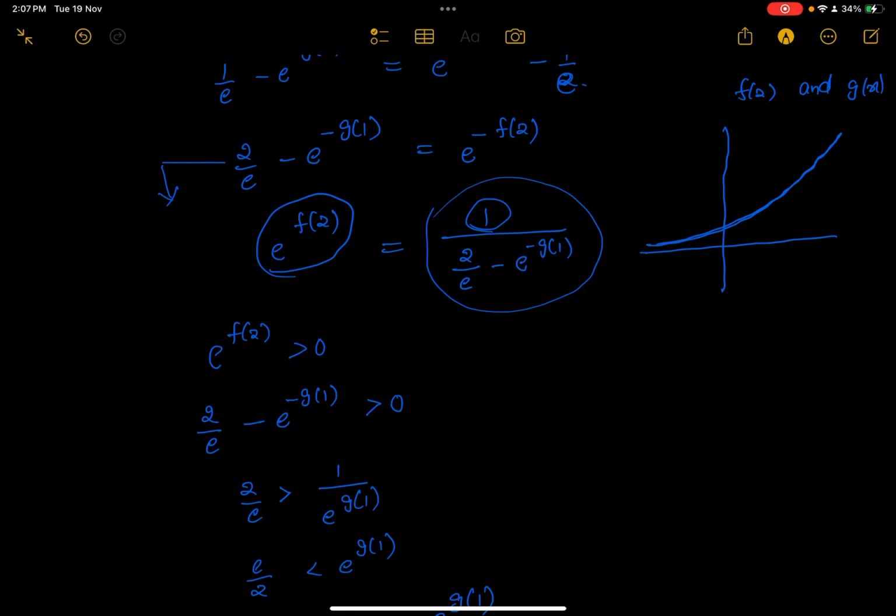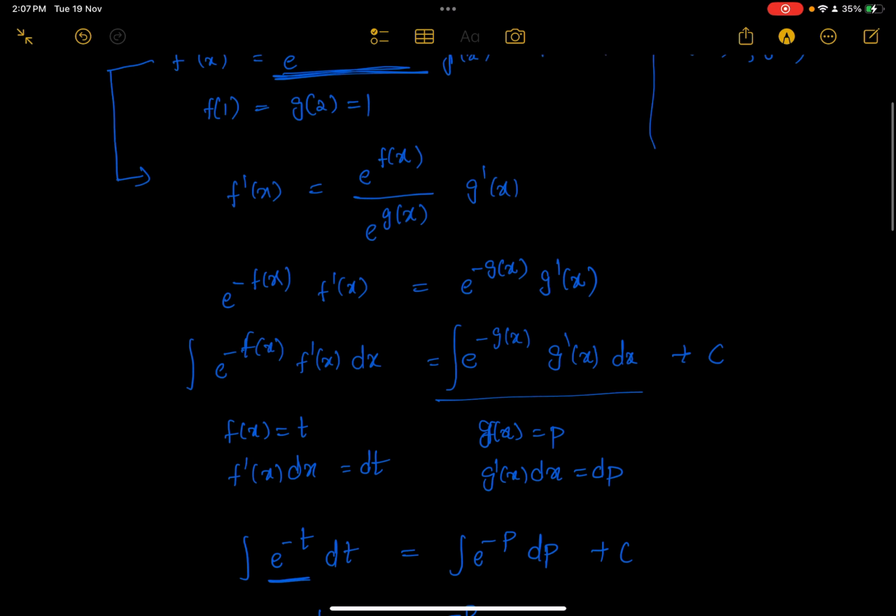From this we can write e to the power minus g of 1 is equal to 2 by e minus e to the power minus f of 2. So e to the power g of 1 is equal to 1 by 2 by e minus e to the power minus f of 2. Correct?